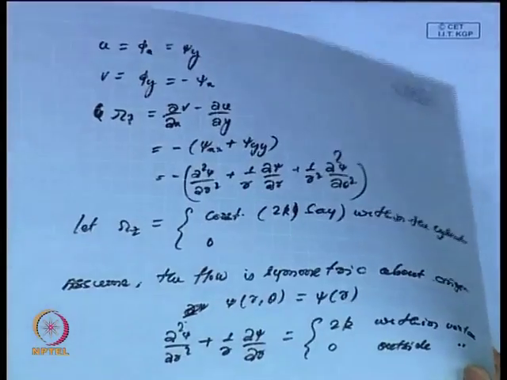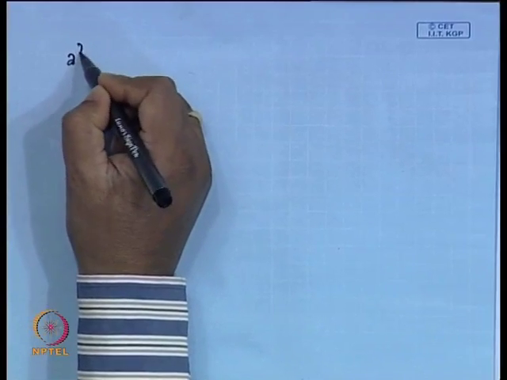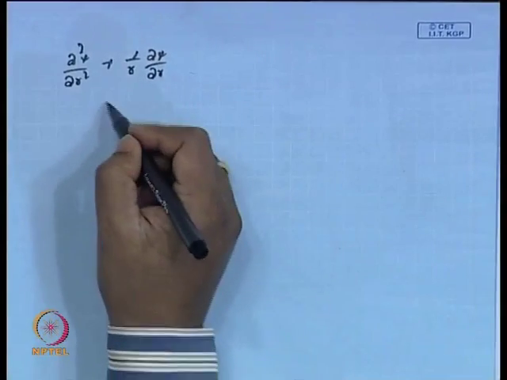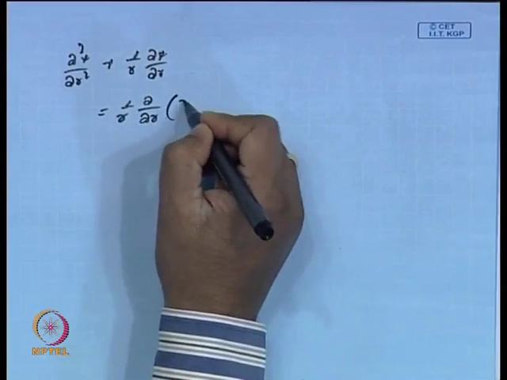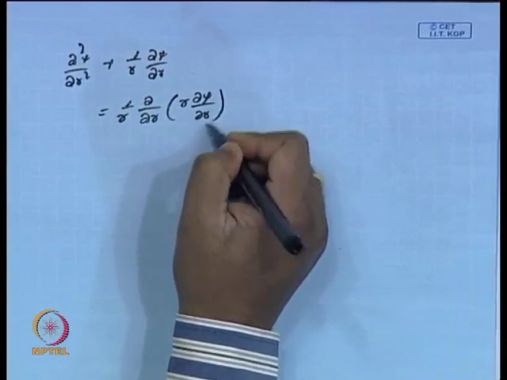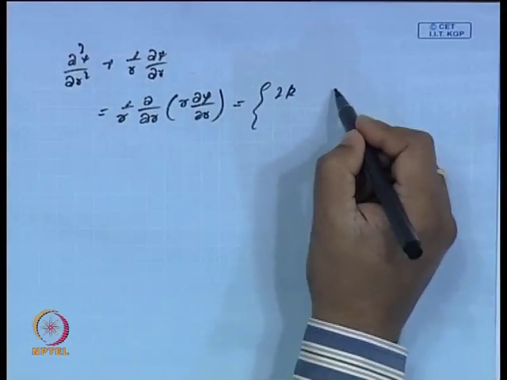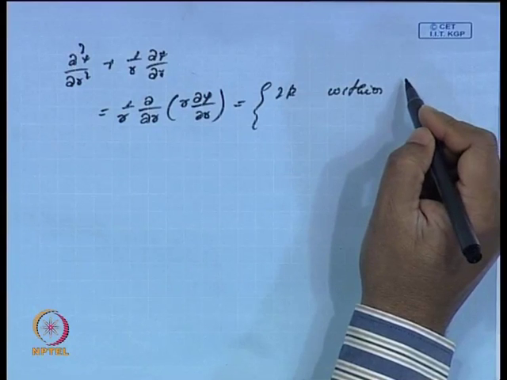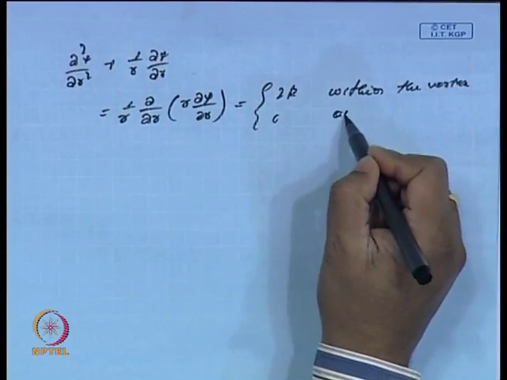So, then what will happen? If I further simplify, within the vortex we have del square psi by del r square plus 1 by r del psi by del r, which can be written as 1 by r times del by del r of r del psi by del r, and this will be 2k within the vortex, and this is 0 outside the vortex.